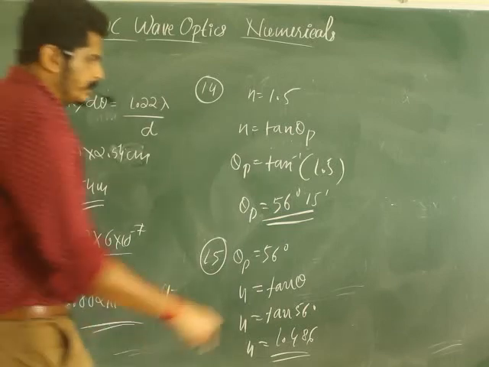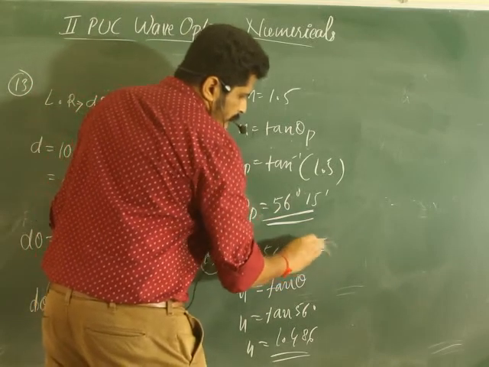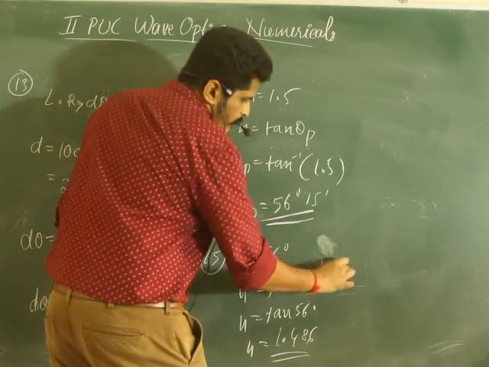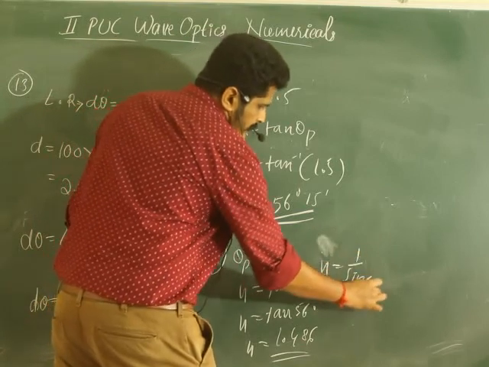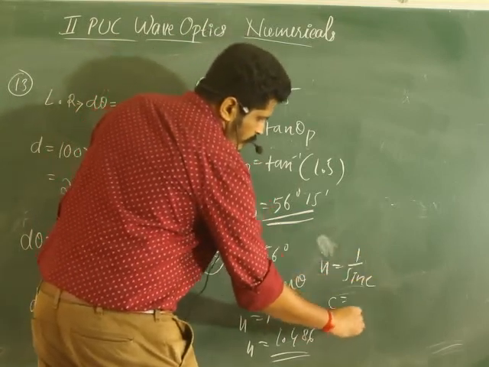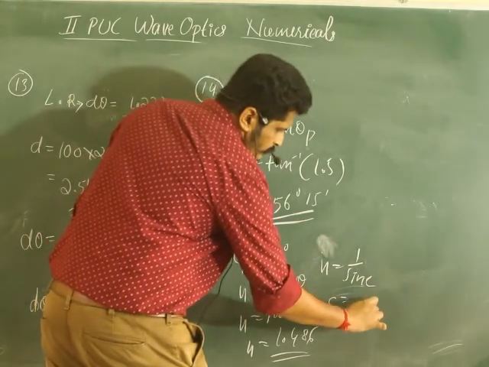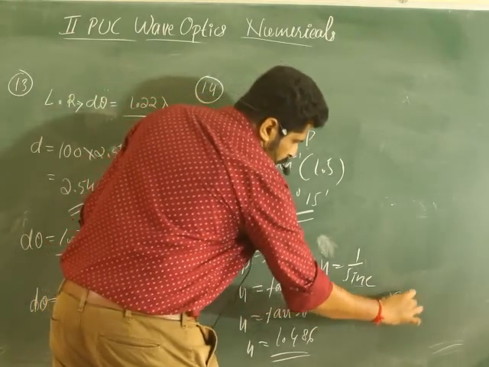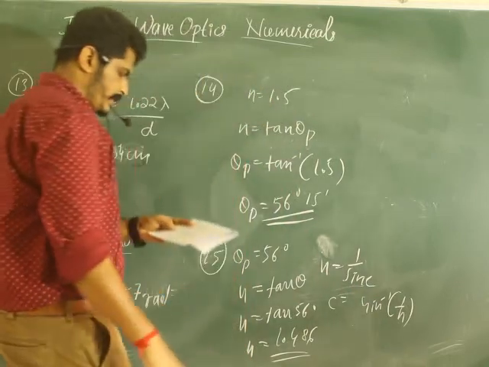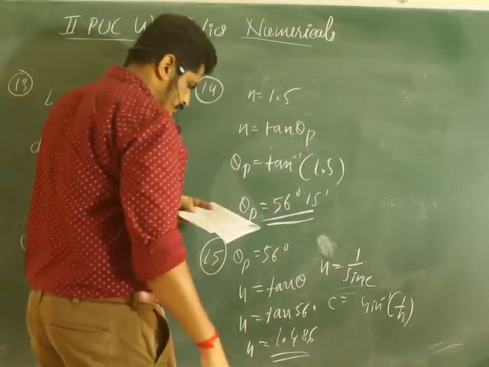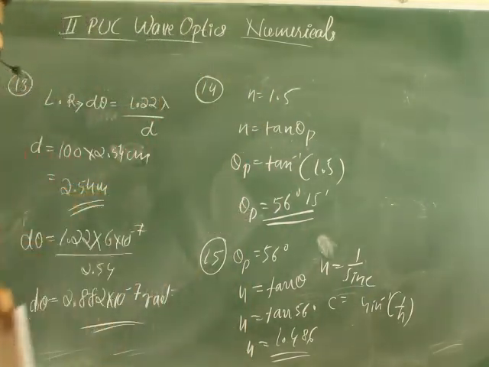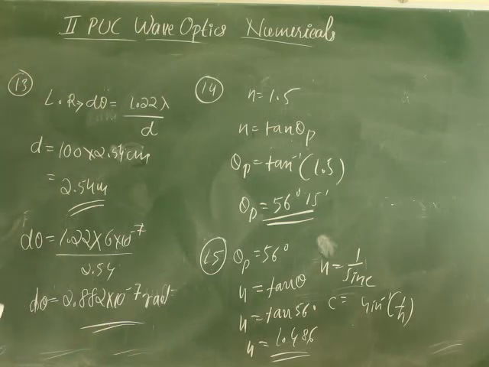And n equal to 1 by sin c, correct? So c equal to sin inverse of 1 by n. Calculate, you will get the answer. This is left to you. Critical angle c equal to sin inverse of 1 by n.